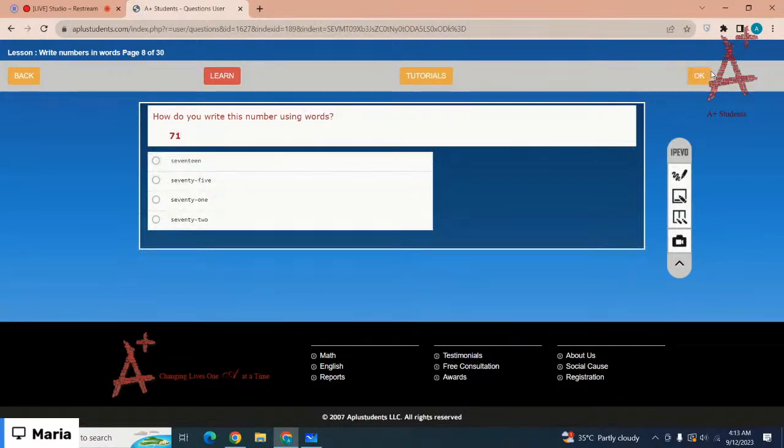How do you write this number using words? Which is the correct option? You have to write 71 as words.